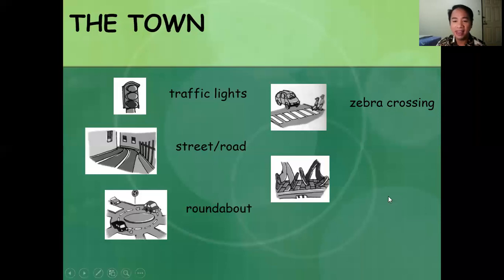And then the next one is this photo. What is this? It's a pavement. It's a walking street or a pavement. Okay, so these are the different things or different places that we can also find in town. We have the traffic lights, street or road, roundabout, zebra crossing, as well as a pavement.